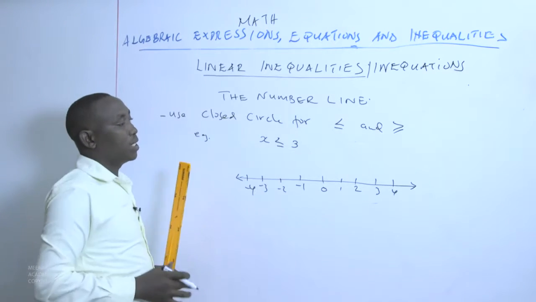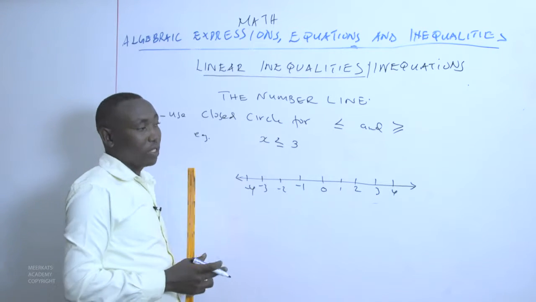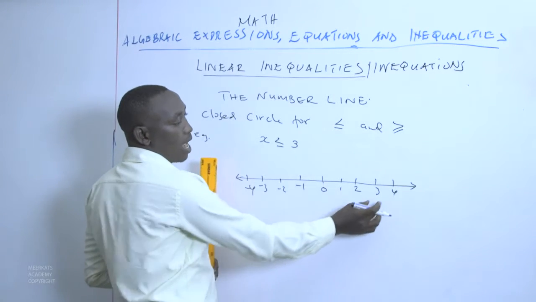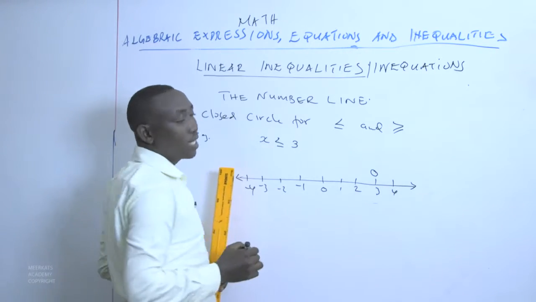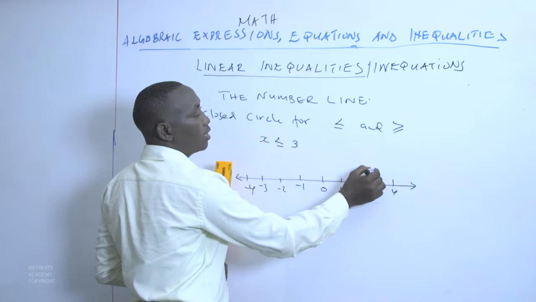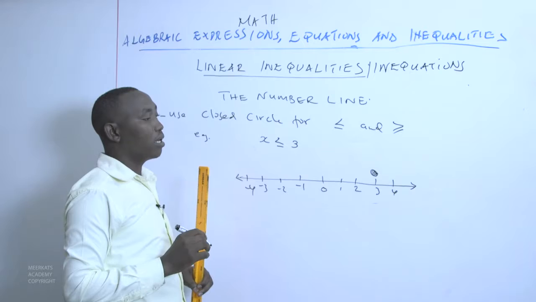Now, if you want to represent x is less than or equal to 3, again we have to locate on the number line where 3 is. And 3, you can see it is there. So we draw a circle, and it should not be open, therefore it should be closed.